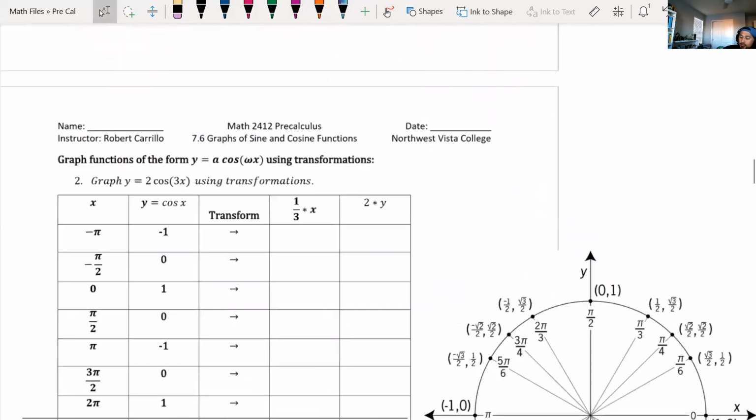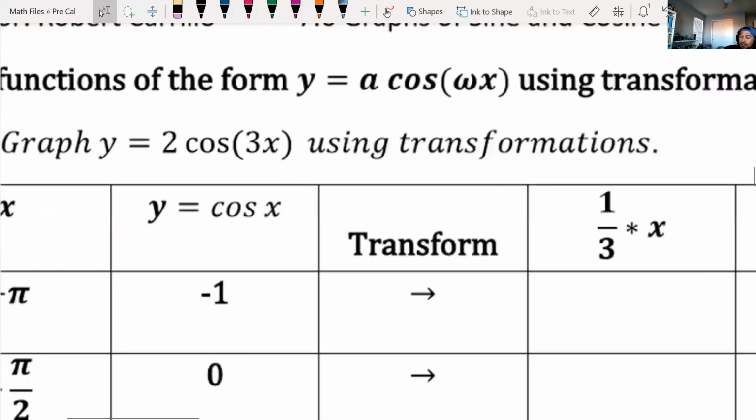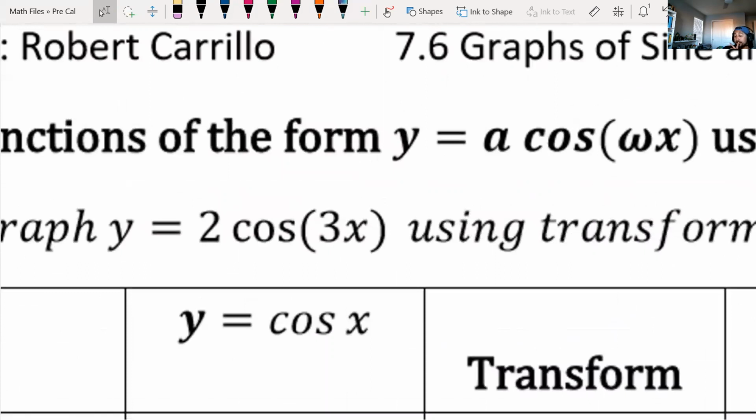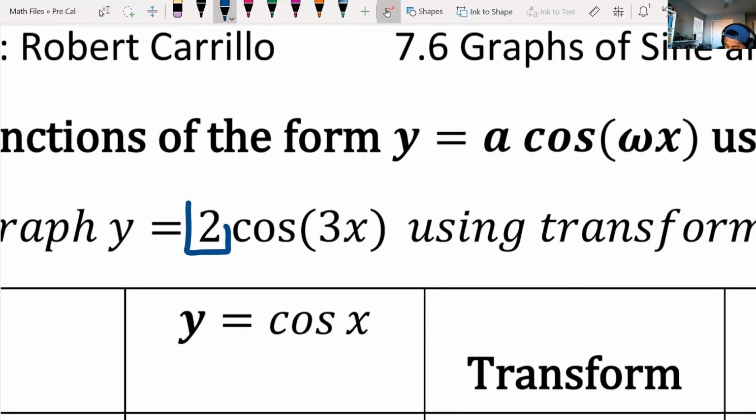Let's do another transformation. So here we're given y equals 2 times the cosine of 3x. What type of transformation does that 2 do? Stretch, whatever it's called.